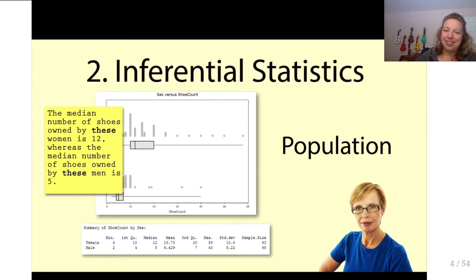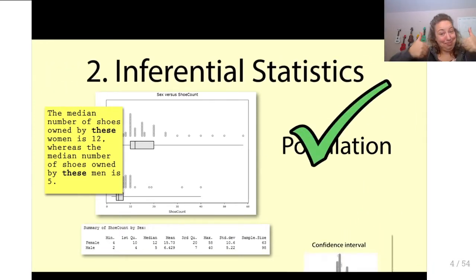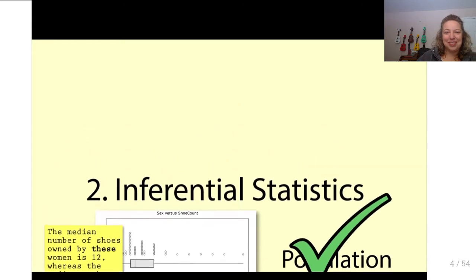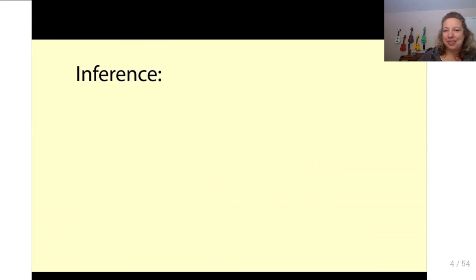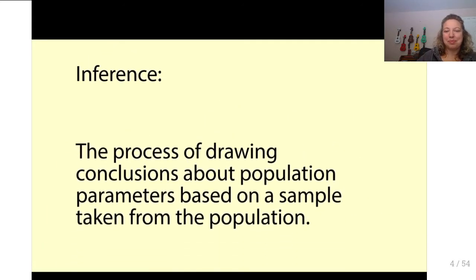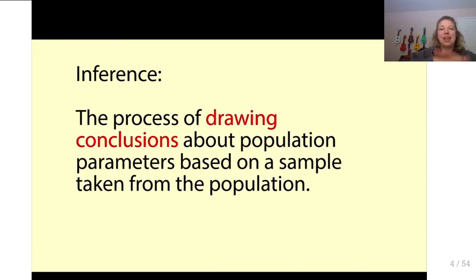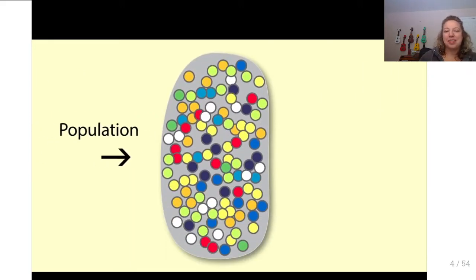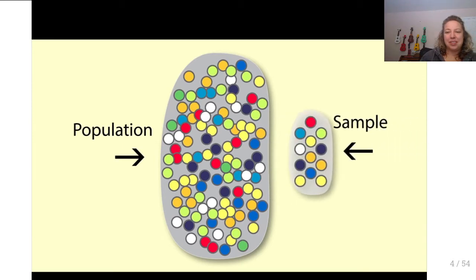Inferential statistical analysis does allow us to make conclusions beyond the data we have to the population from which it was drawn. A definition of inference is the process of drawing conclusions about population parameters based on a sample taken from the population. The sample is the data we collect from the population.